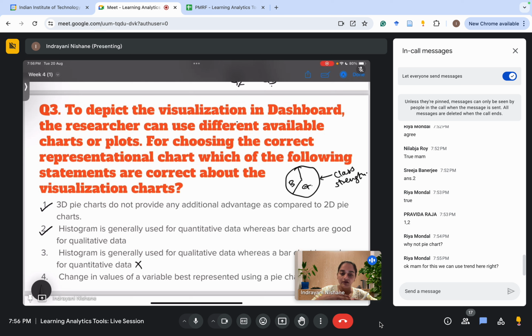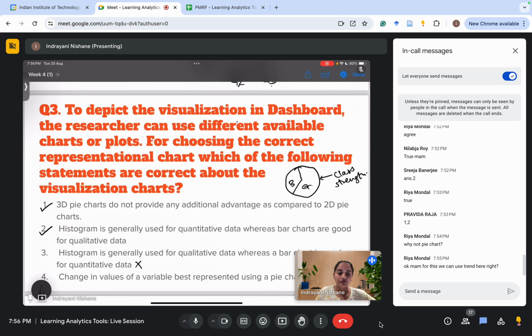We can put in 10 different pie charts and show how girls' attendance is varying and how boys' attendance is varying. But if you want to plot the trend, a pie chart is not the most suitable visualization. There are other graphs such as line graph and maybe bar chart.